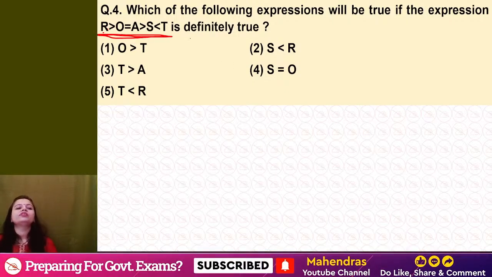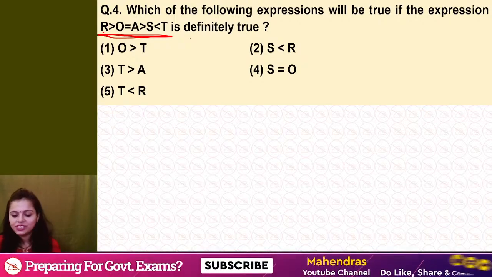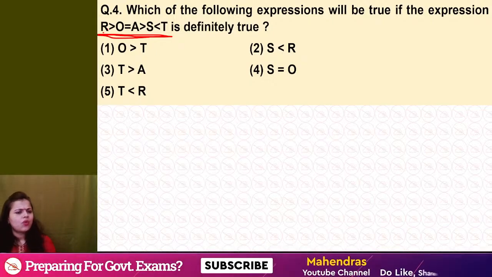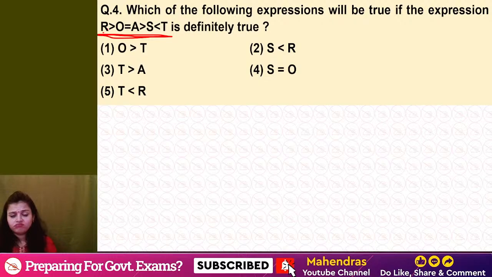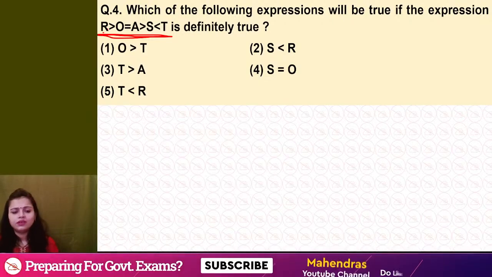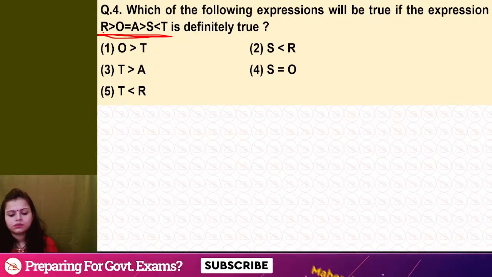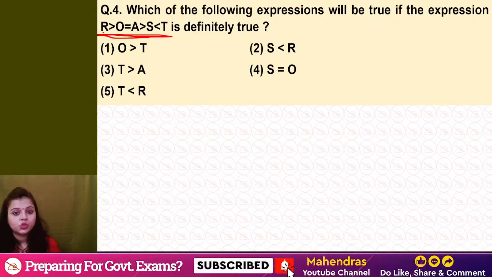According to this statement, which of the following conclusions is definitely true? 1 is correct. O is greater than T. No, we are getting the C and D case in O and T, na? Option 2. Okay. Option 2.